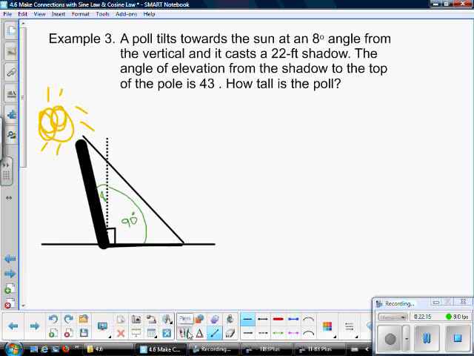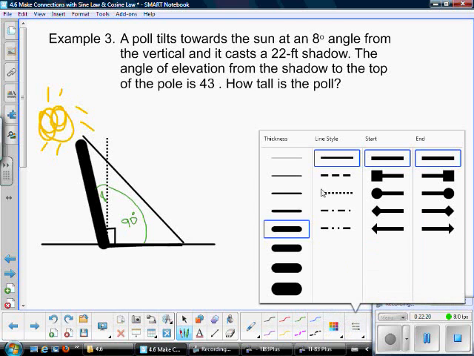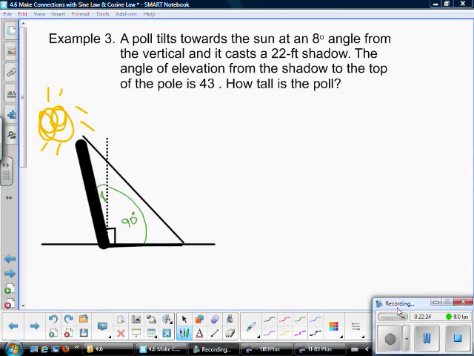Now you can see there's a fair amount of work to come up with this diagram. That's why it's so important to do your diagram, because it's actually worth marks. So this is going to be 43 degrees according to the information given.